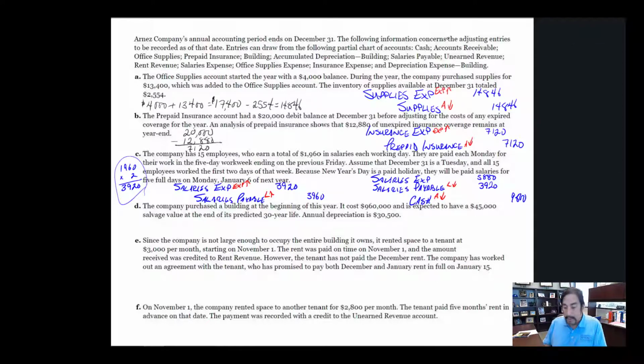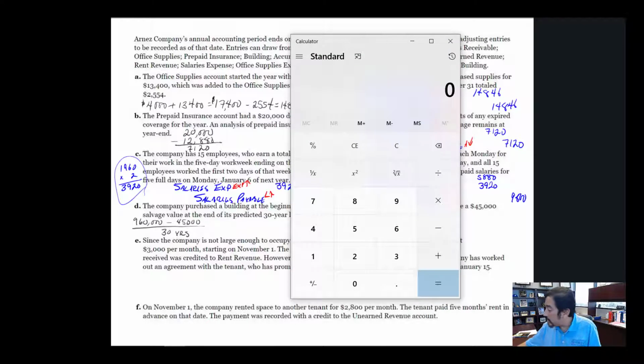Calculating straight line depreciation is the cost of the asset minus the salvage value. The textbook calls that net cost, I think. Divided by the expected useful life. So 960,000 minus 45,000 is $915,000.